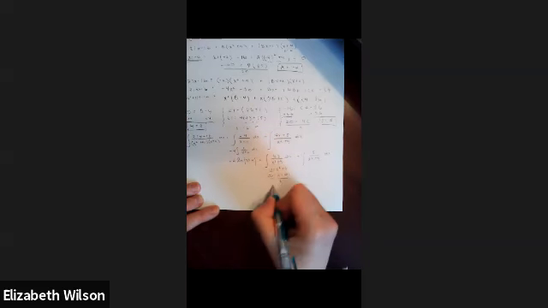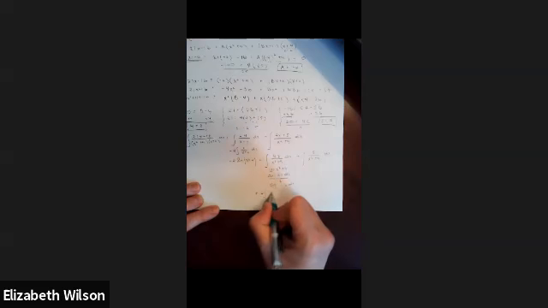So I can think about u substitution: u equals x squared plus 9, du is equal to 2x dx. If I divide both sides by 2, I've got du over 2 equals x dx. Maybe I'm just going to bring the 4 outside of here. So this is going to become plus 4 integral of 1 over u du over 2.